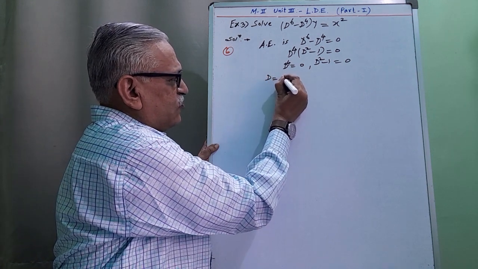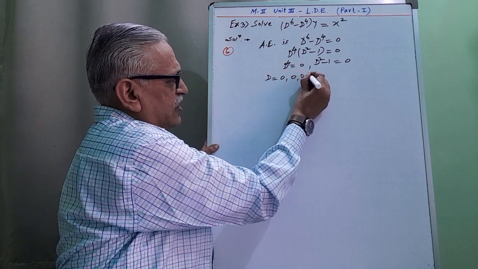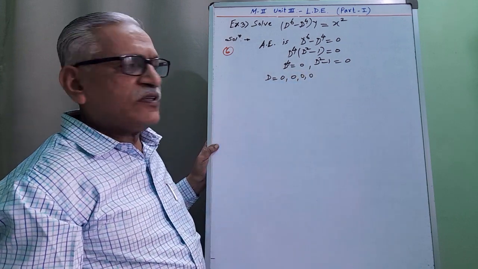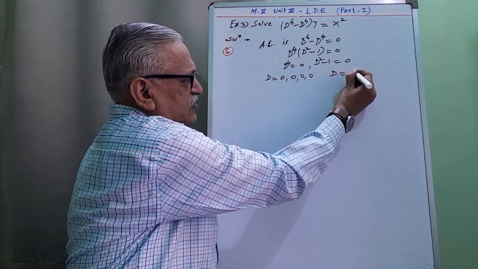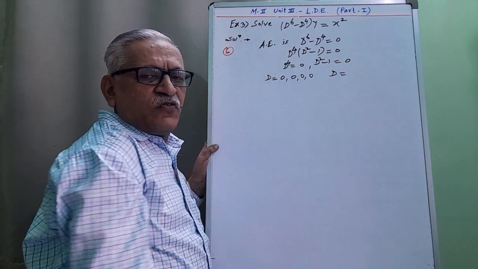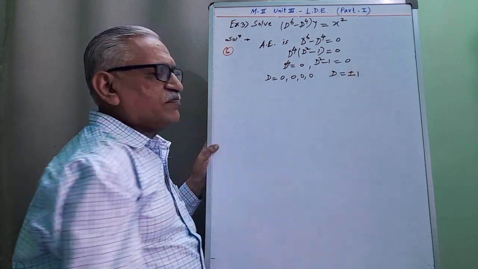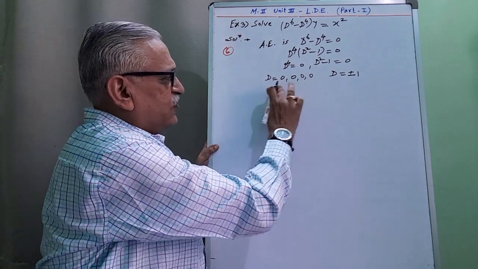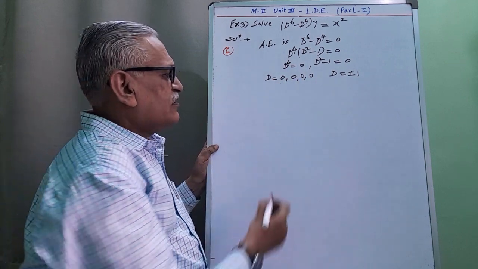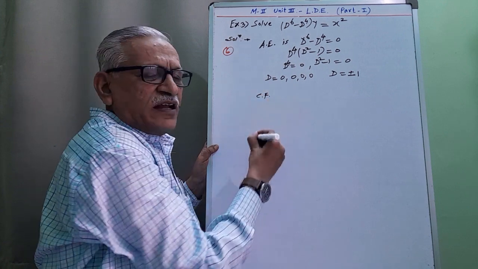D raised to 4 equal to 0 gives you 4 values for D: 0, 0, 0 and 0. And D square minus 1 equal to 0 gives D square equal to 1, meaning D equals plus minus 1. Therefore, total 6 roots. The first 4 roots are real and repeated.